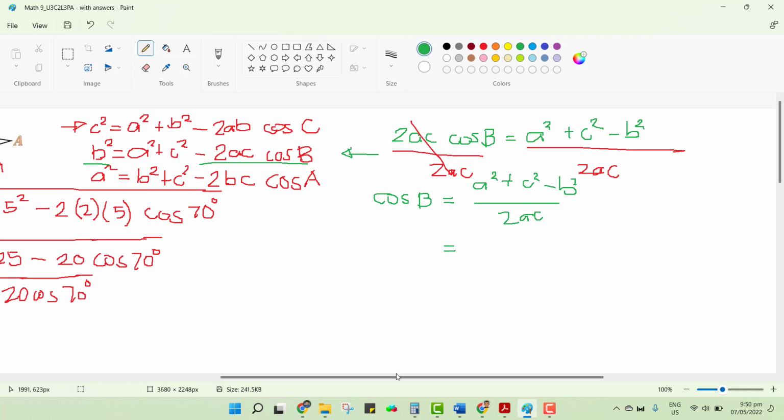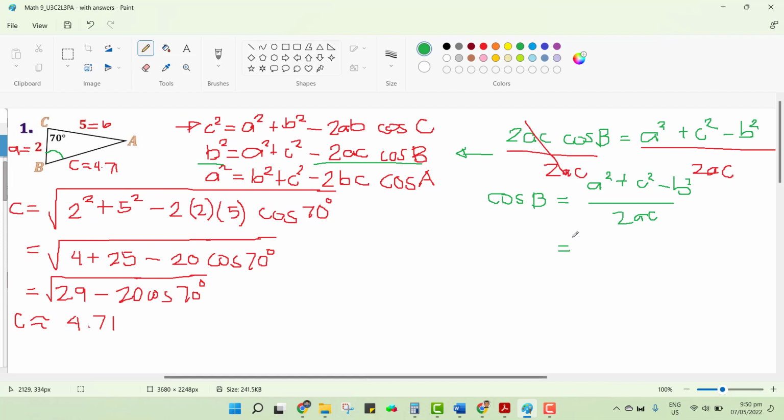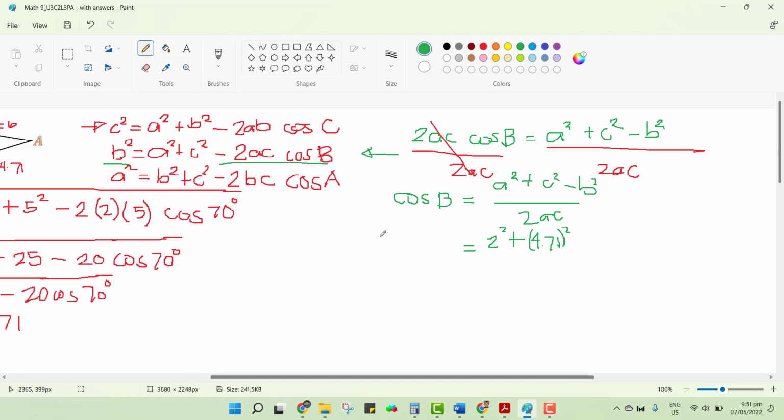So A squared, as mentioned here, is 2 squared, plus C squared, which is 4.71 squared. Take note that this is approximately 4.71.